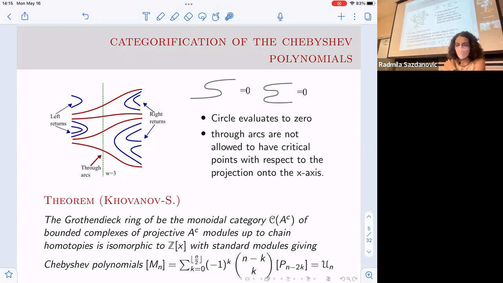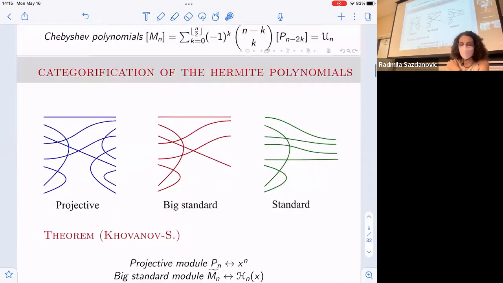Okay. But I did have Hermite polynomials. So what's counted by the double factorial, n plus n minus 1? There you can actually consider diagrams like this. Again, we're not allowing isotopy. All of the circles are evaluated to 0. But here we can say, okay, all crossings are allowed, and then we can progressively get rid of them.